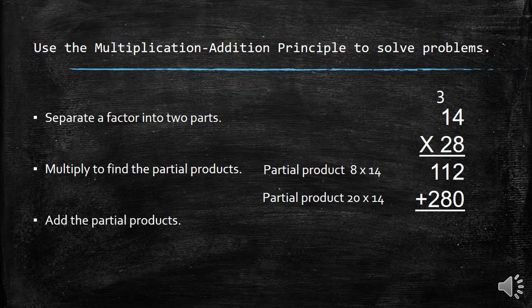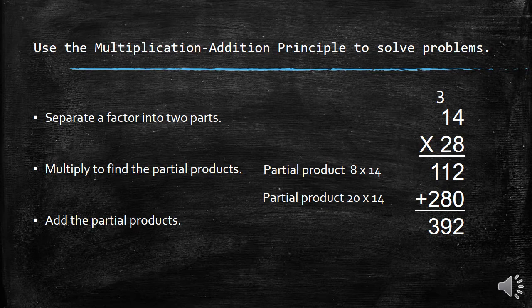Then we want to add the partial products. And when we do that, we get 392. Are you working these out on your paper as we go?